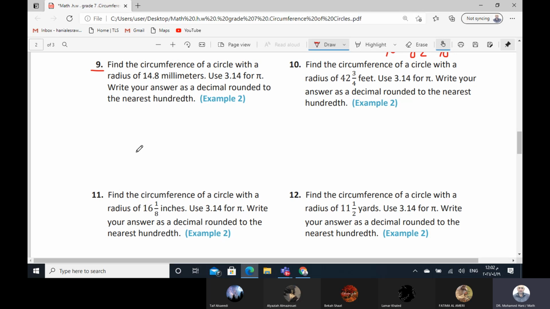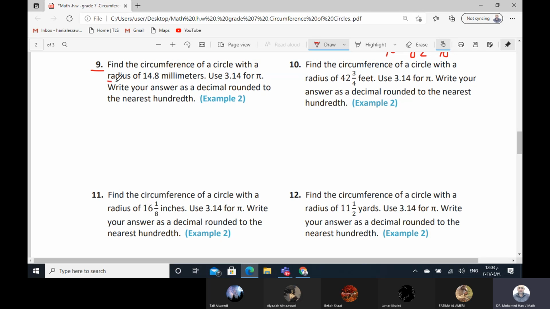Find the circumference of the circle with a radius of 14.8 millimeters. Use 3.14 for pi. Write your answer as a decimal rounded to the nearest hundredth. Thank you.